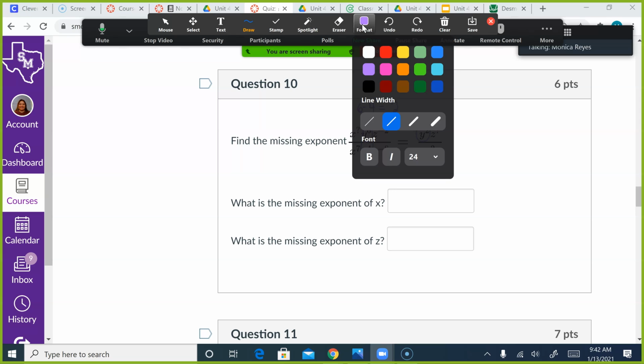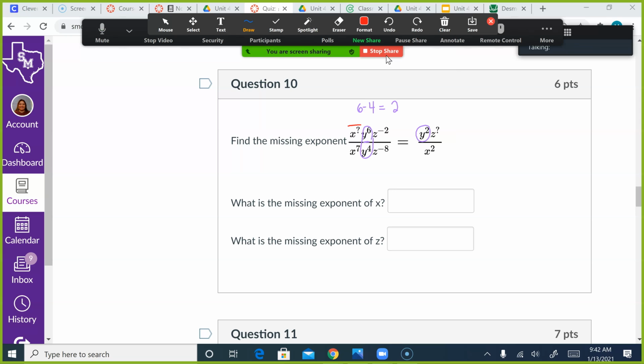Because it's on the top, that means it's a positive 2. For the x's, I'm going to have some number, and I'm going to subtract 7 from it to get a 2, but since the x is on the bottom, that means it has to be a negative 2. So what number would we subtract to get negative 2? And again, if you can't figure that out, well then set up an equation.